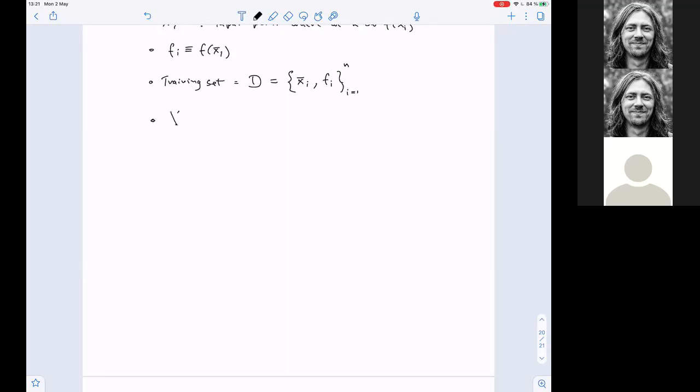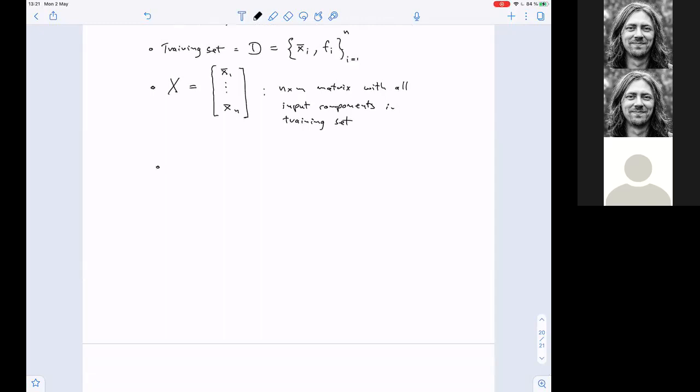That will be capital X. If each of these input points are row vectors, it will be an n times n matrix with all the input components of the training set.